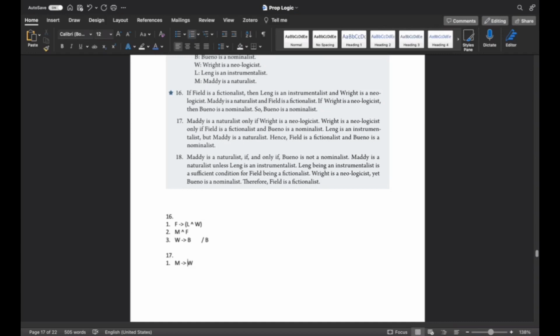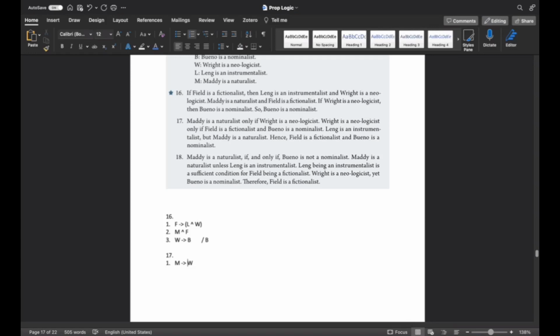So "only if." If Wright is not a neologicist, then that means that Maddie will not be a naturalist, and that's what this conditional is doing there.